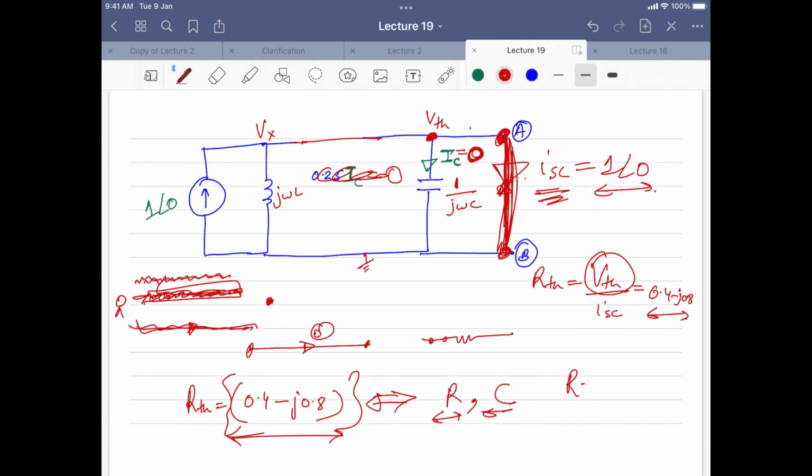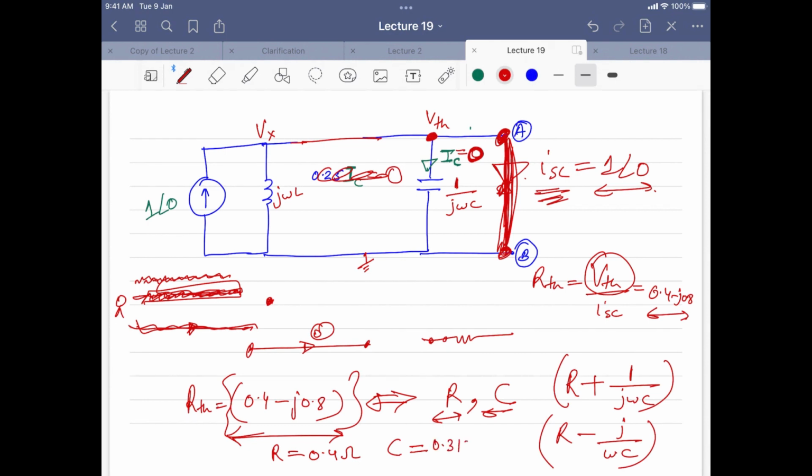Because if you have R and C in series, it becomes this, and then you cross multiply by j up and down, and you will get this expression. From this expression, what is the value of R? R is 0.4 ohms. What is the value of C here? The value of C here is 0.3125 farads.